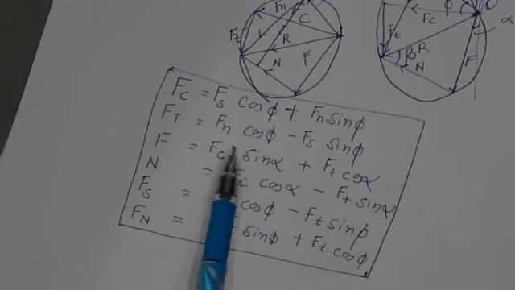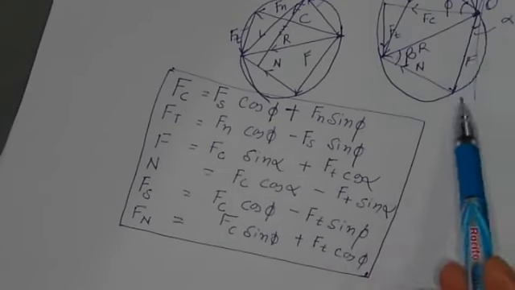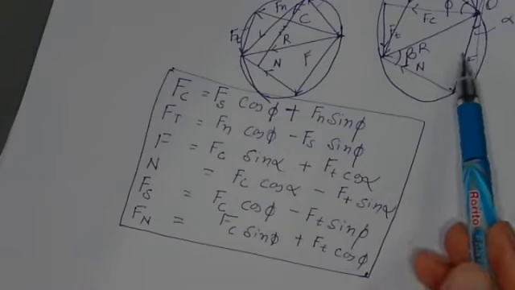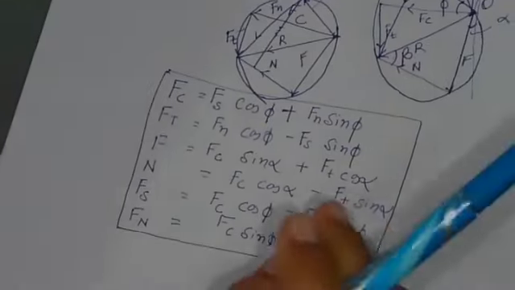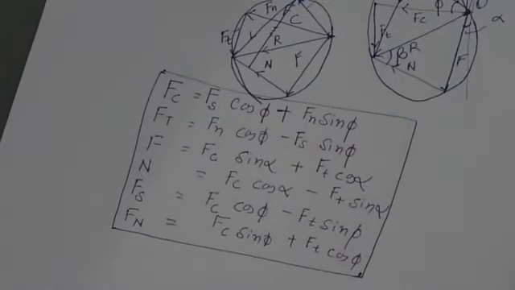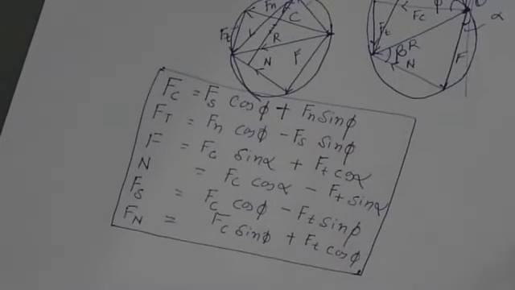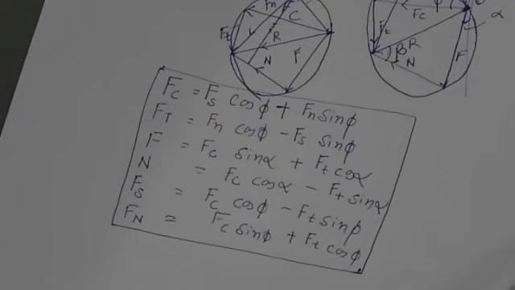However, you can simply find out various forces on the basis of this circle in terms of friction angle beta also. So this Merchant circle is very important and is often asked in interviews or competitive exams.